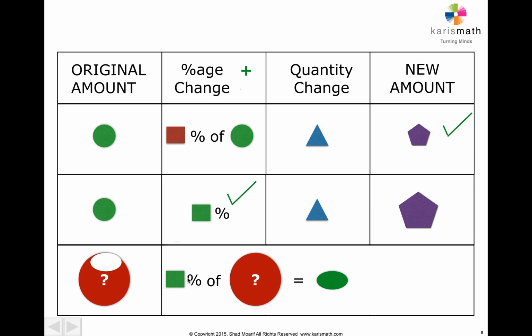We can write the percentage as a decimal, and then divide this by this decimal percent, and we'll get the answer, which would be this. And so we can work this out. We'll get the right answer. We can figure out the original amount this way. So there are three different ways you can work out the quantity change, the new amount, the percentage change, and also the original amount.